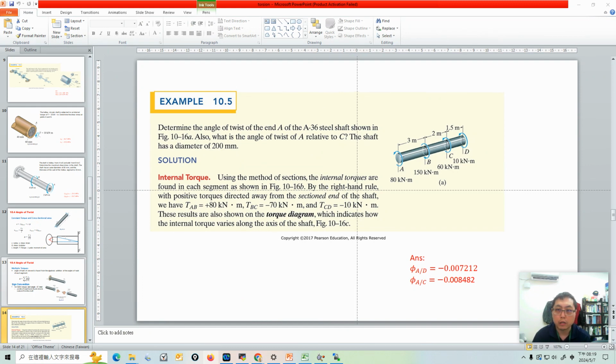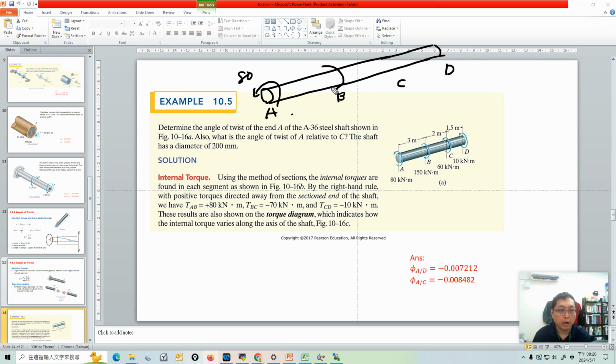Here this is A, this is D, and here are B and C. There is a counterclockwise torque of 80 at A, and B here is clockwise, so it's 150.